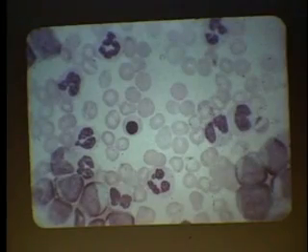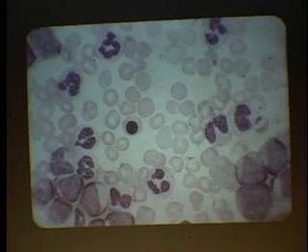The next one? Aha, where are we? Who's this? We're in bone marrow, good for you. And what do we see there? Just this one. What are these? Erythrocytes.